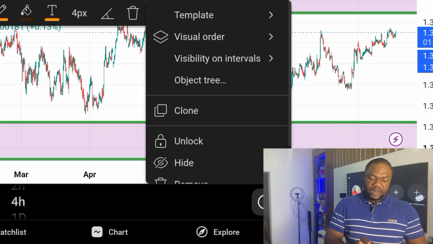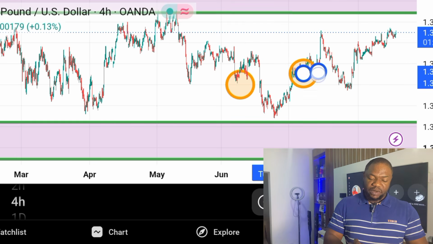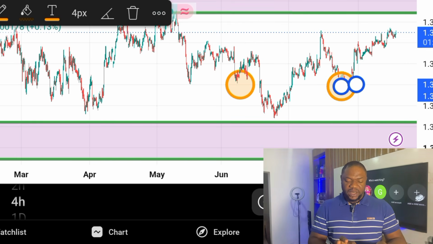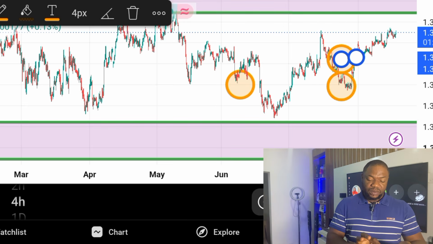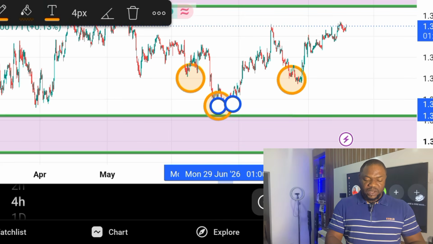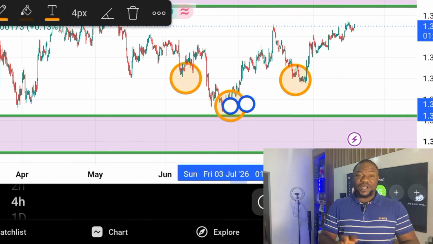You have another shoulder here, right? And here you have a head. So you see, it is clear that we have a head and shoulder formation.